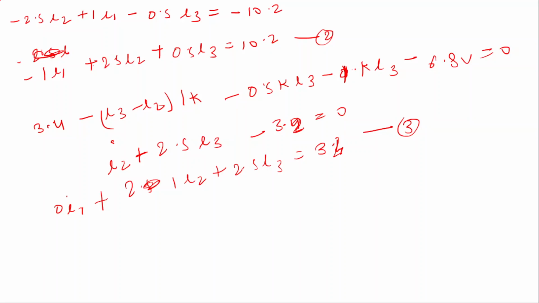Where? Okay, minus 2.5 I3 was there. Oh sorry, yes, this is minus 2.5. This is 3.4, this is correct. Okay, thank you for correcting. So this is our third equation.